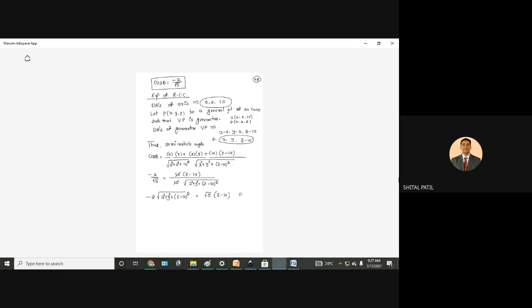So squaring. It's a square little directly. Z square minus 20z plus 100.